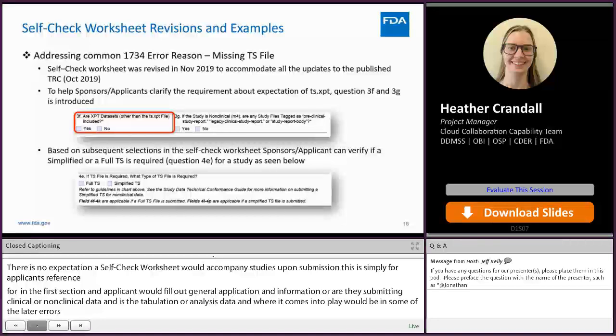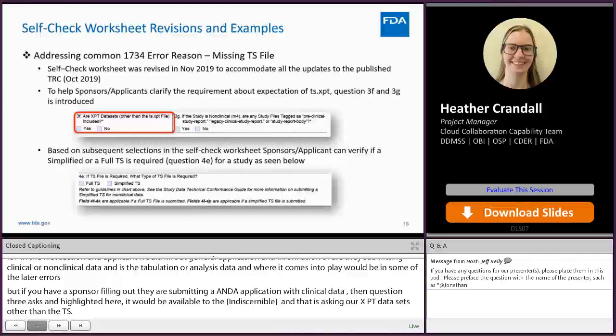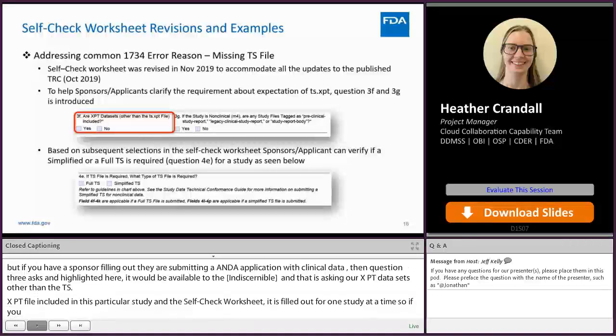The self-check worksheet is filled out for one study at a time, so if you as the applicant are submitting an application with multiple studies in it, then the self-check worksheet could be used multiple times to check each study individually.